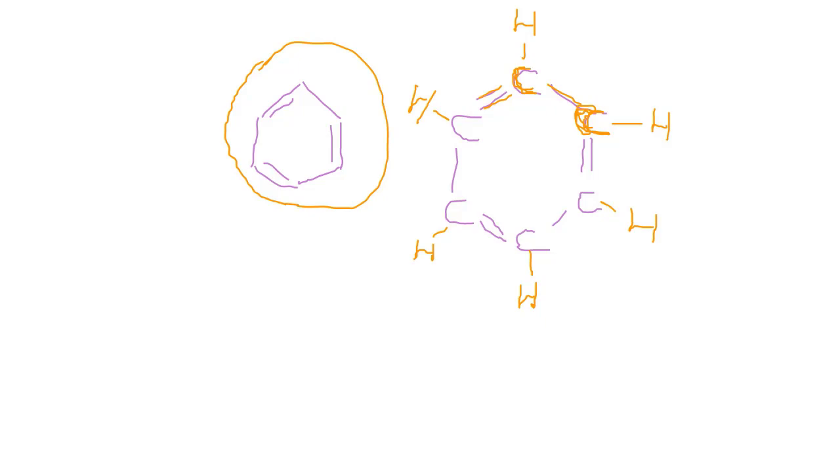And why is this aromatic? We said, and this is another type of unsaturated hydrocarbon. And they basically behave different from alkenes and alkynes. And we said that they have alternating double bonds. And one characteristic of the aromatics is that these alternating double bonds are stabilized by resonance.